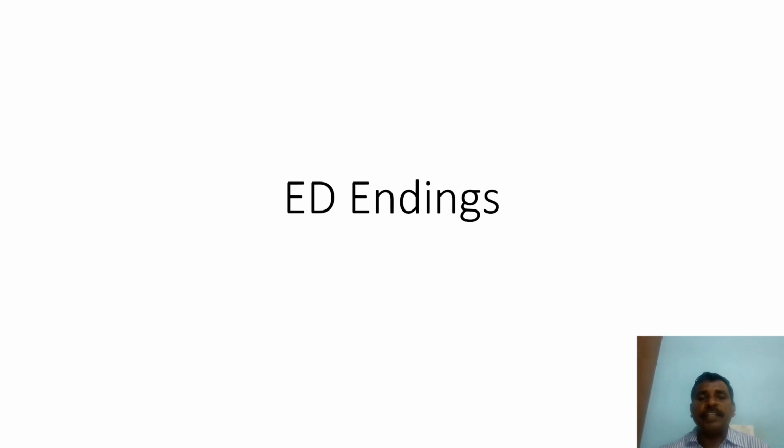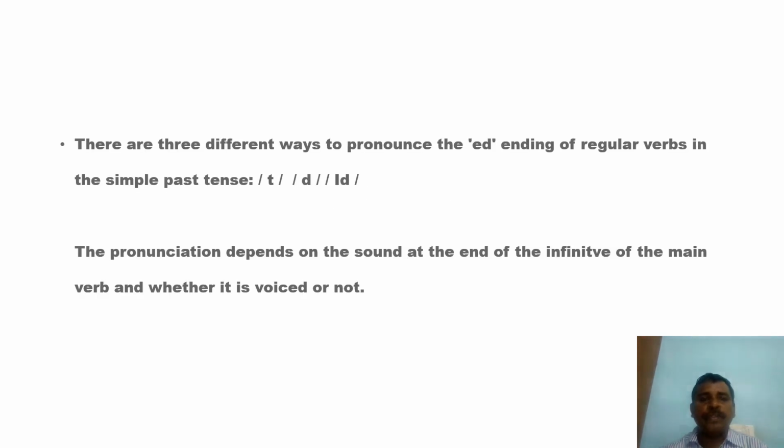In this lesson, let me discuss the ED endings in English. There are three types of endings. For example, when a word ends with ED or IED, especially when we convert a word from present to past, in general we add ED.